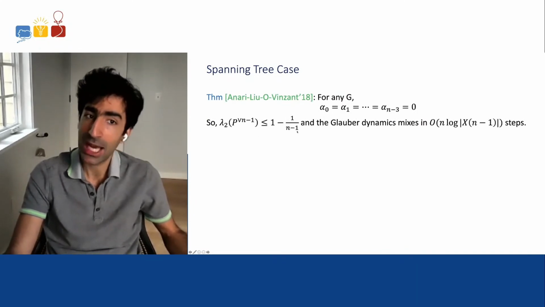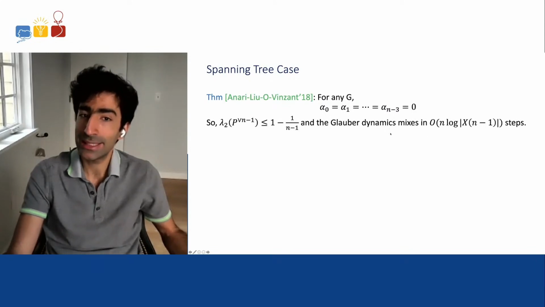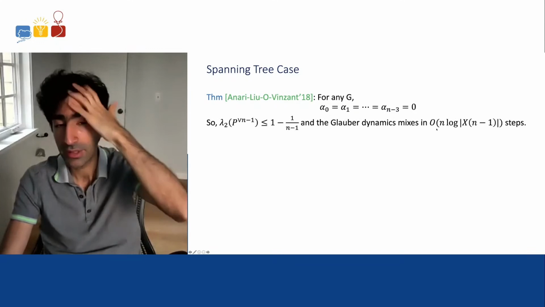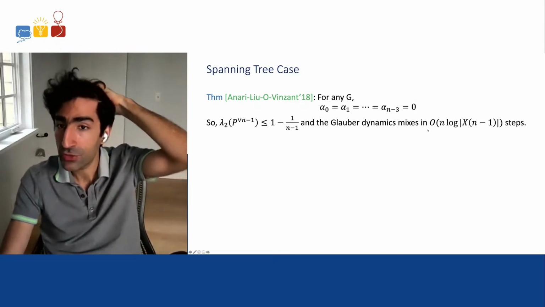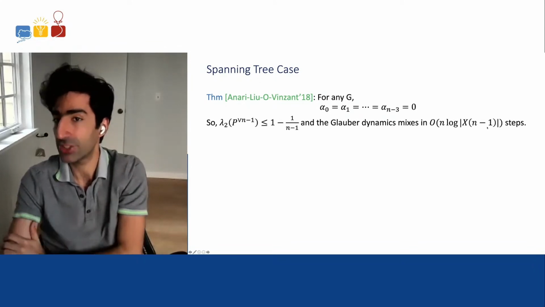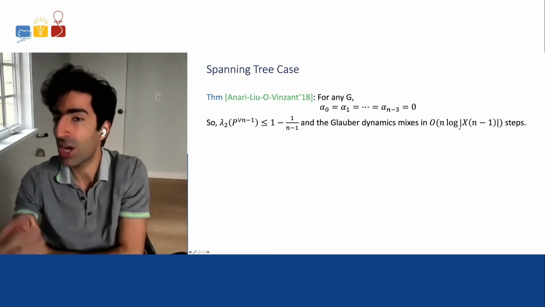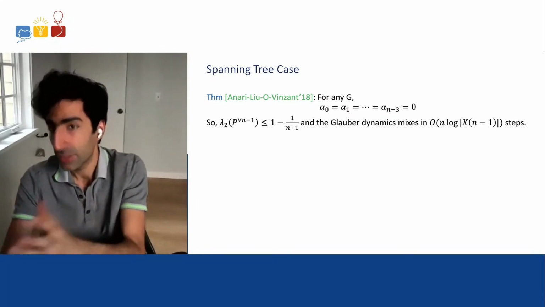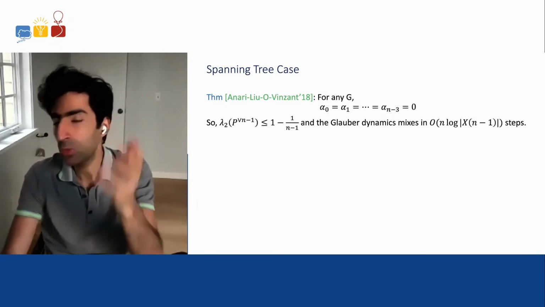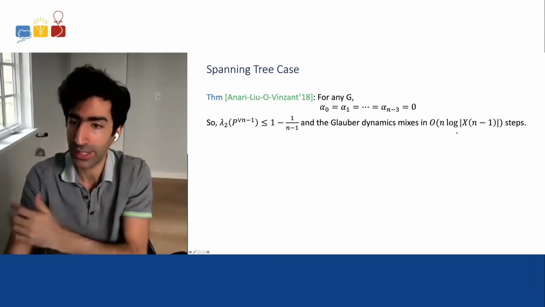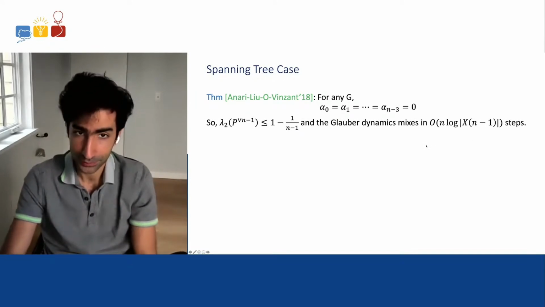That says that the spectral gap is 1 over n minus 1, and that says that the mixing time of the remove-add Markov chain on spanning trees is at most n times log of the number of spanning trees. This doesn't give you m log n, as I was saying at the beginning of the talk, but it gives you a polynomial bound, because you only have at most n to the n many spanning trees, so this already gives you maybe an n squared or n squared log n mixing time.